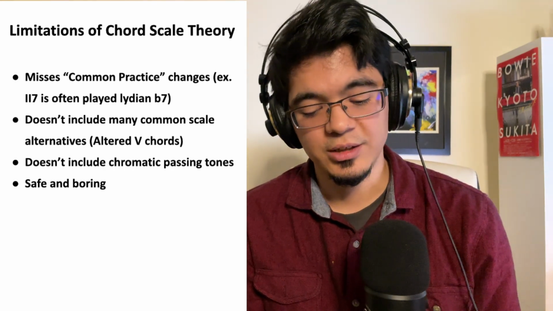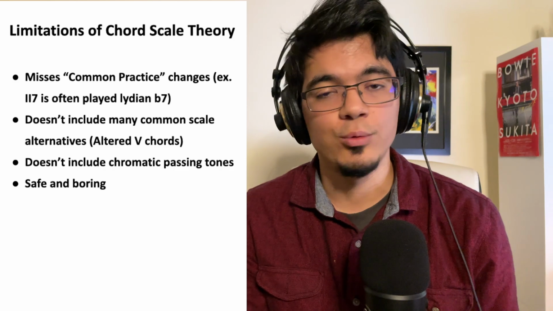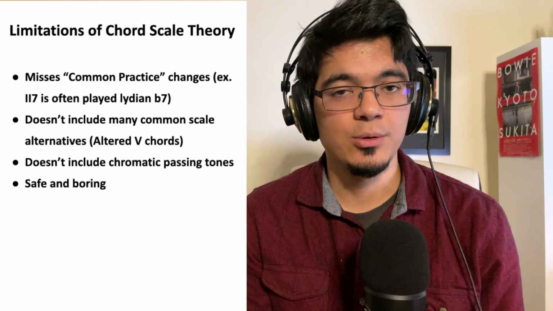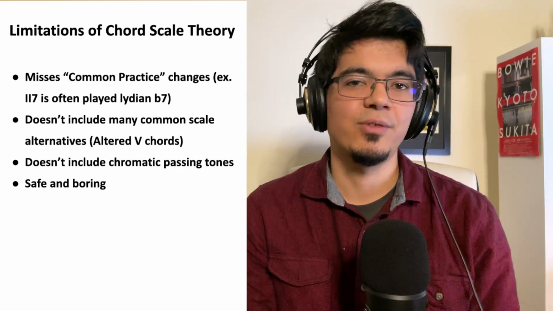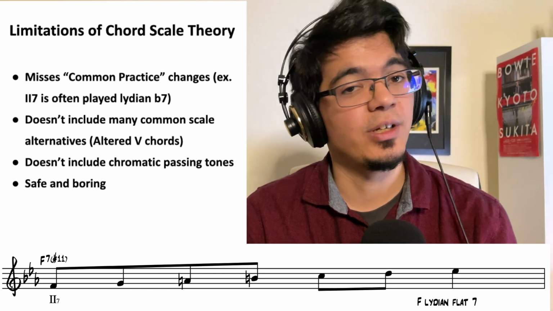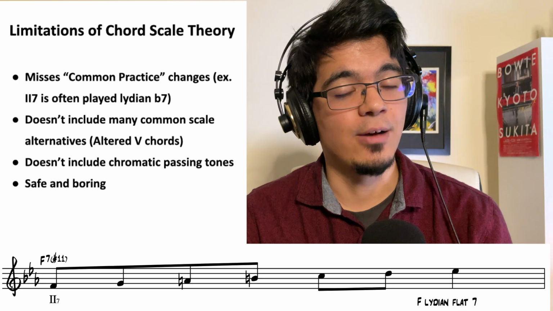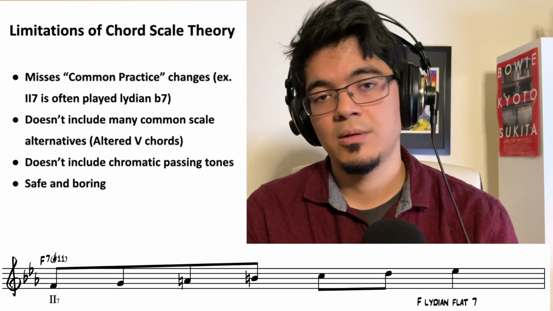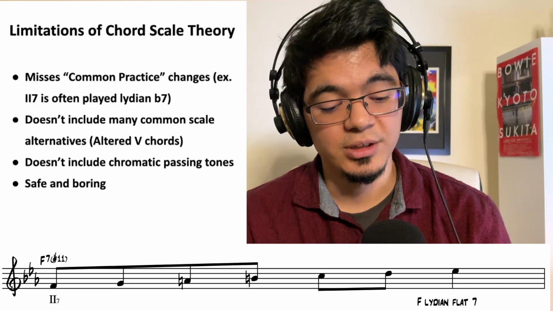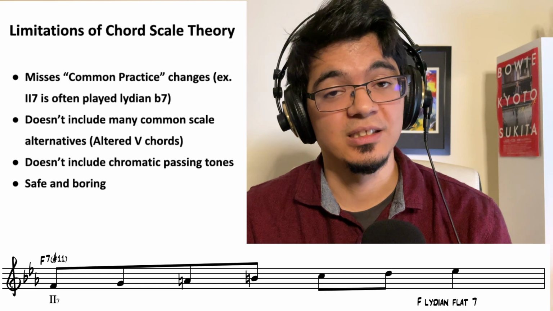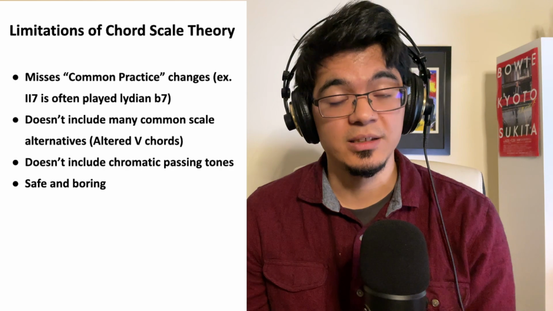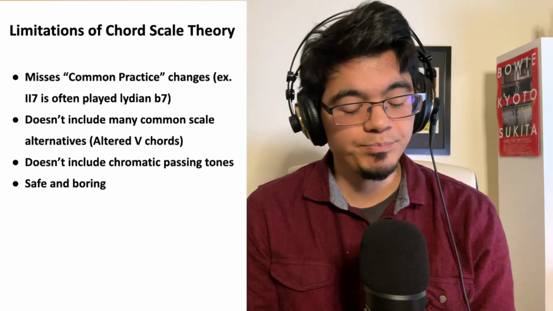So for instance, in the 13th measure of that F7, the 2 dominant chord, many great improvisers over a 2 dominant chord will use a Lydian flat 7 choice in order to get that sharp 11 sound over that chord. But our chord scale theory tells us to just use a plain Mixolydian scale choice, which works perfectly fine, but it's not necessarily the common practice among jazz improvisers.